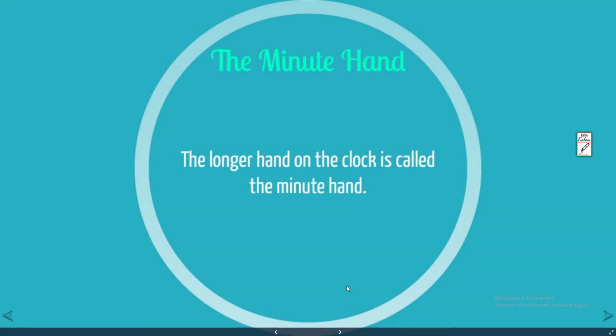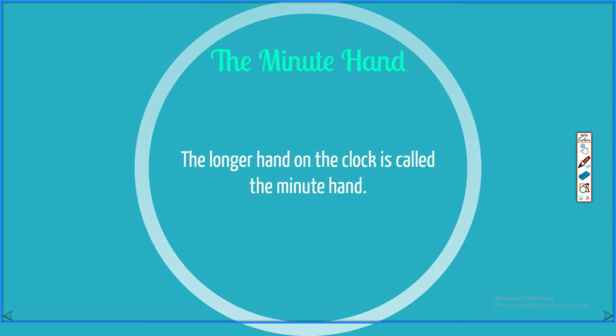The minute hand, the longer hand on the clock, is called the minute hand. Okay, the longer hand on the clock is called the minute hand, as you see, guys.